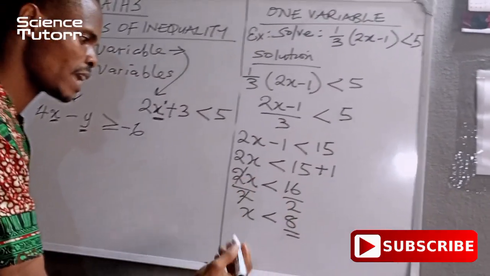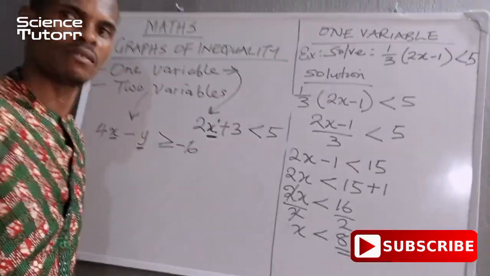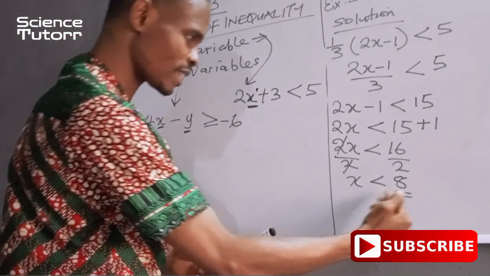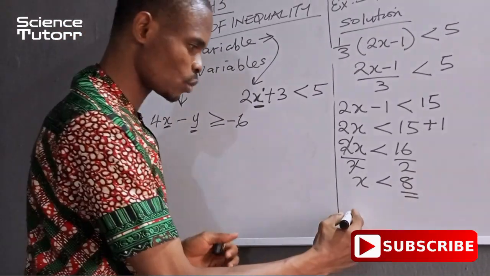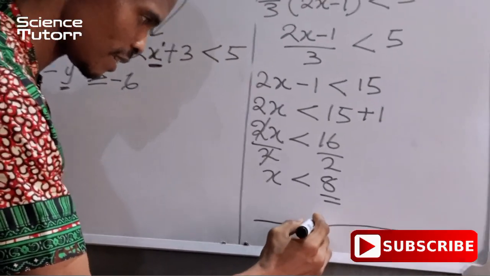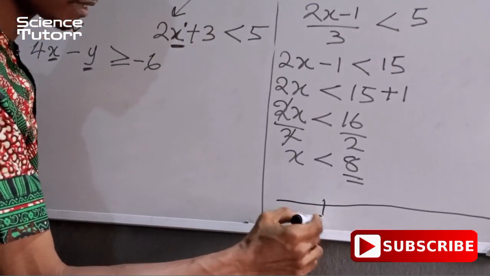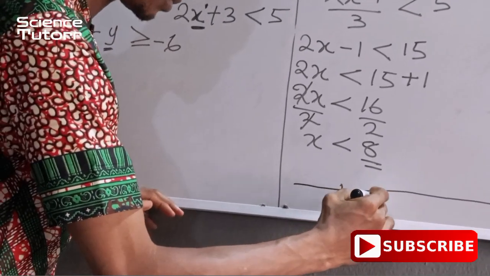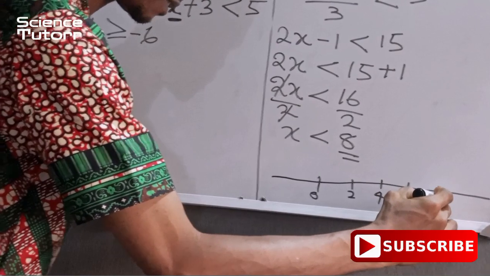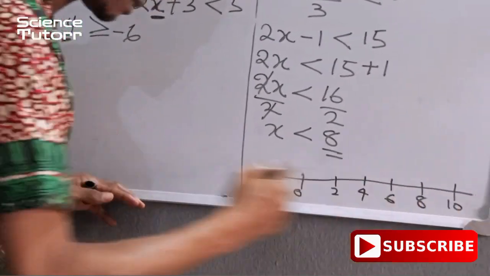And even from here, I can still draw my number line. X less than 8. Now, if we are to draw the number line for x less than 8, I decide to start my 0 from here. 0. In this case, I want to use 2, 4, 6, 8, 10.